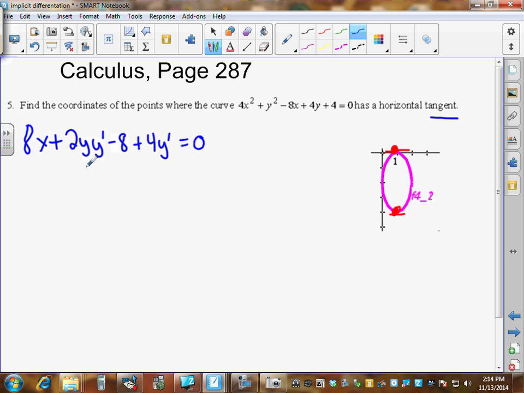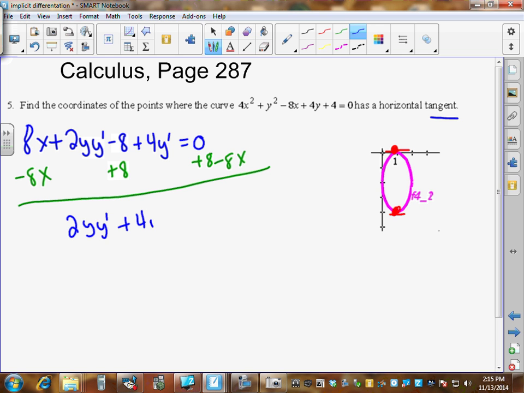Okay, our next step will be to solve this for y-derivative. We need to move everything else to the other side of the equation. So let's add 8 to both sides. Subtract 8x from both sides. That will give us 2y y-derivative plus 4y-derivative equals 8 minus 8x.